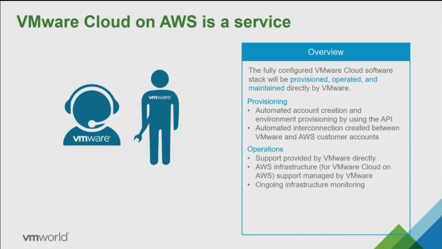From an operations perspective, again, VMware manages everything directly. VMware monitors the environment. Customers have access and visibility to monitoring the environment. Customers can see if issues arise, but customers don't have to fix them. VMware fixes them automatically on behalf of the customer. So you have the full visibility, but in case of, let's say, component failure or even a whole host failure, VMware will add an additional host to the cluster, migrate the workloads using DRS if needed, and evacuate the faulty host.